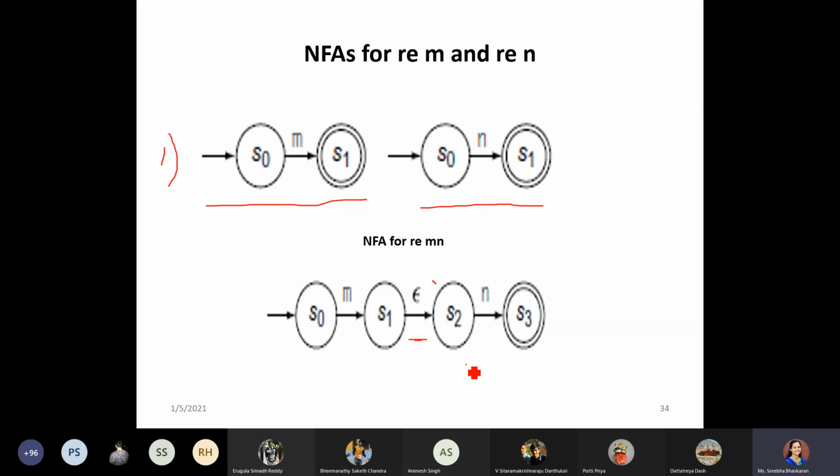Whenever you have two symbols or two representations to be combined, we combine them with an epsilon transition. From the initial state, the first symbol we want is M, and the second we want to combine is N. These two are combined by using epsilon, so M and N get combined with the epsilon transition.